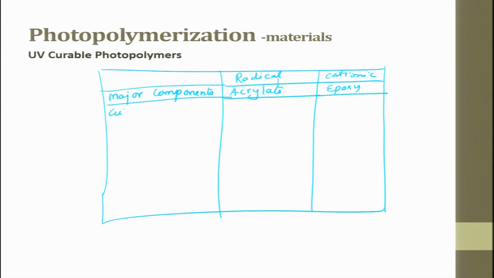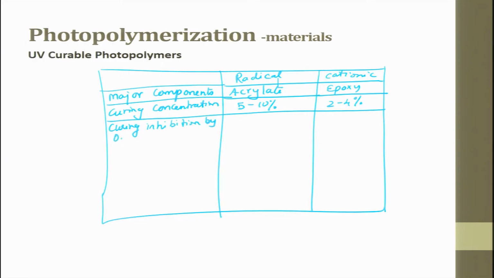Then if you try to talk about the curing concentration, it is 5 to 10%, here it is 2 to 4%. When we talk about curing inhibition by oxygen, it is inhibited and this one is non-inhibited.